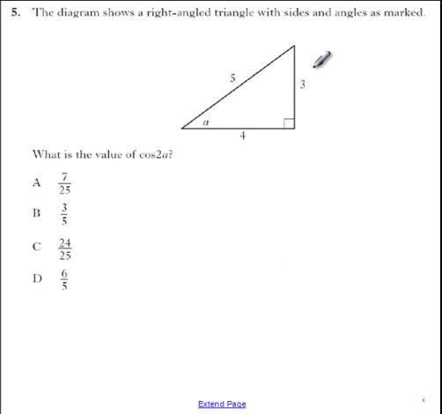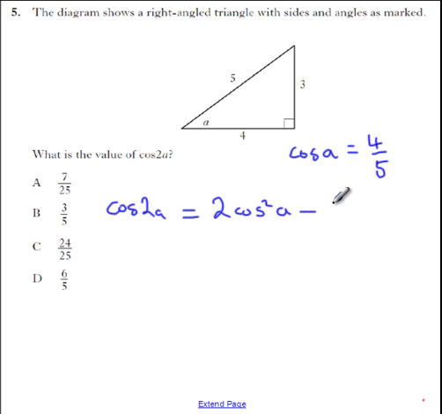This question, we're given a right angle triangle and we're asked to find the cos of 2a. In the triangle we see that the cos of a is the adjacent over the hypotenuse, which is 4 over 5. And then on our formula sheet we've got a formula for the cos of 2a. There's three formulas, but the one we could use here would be 2 cos squared a minus 1.